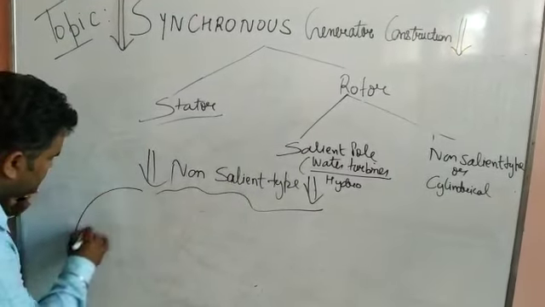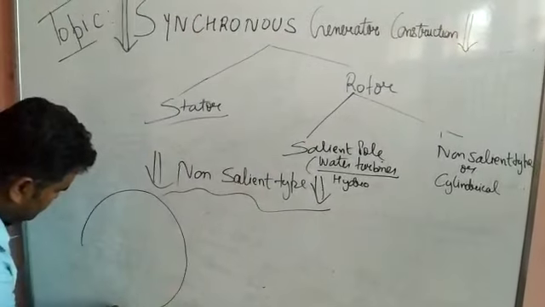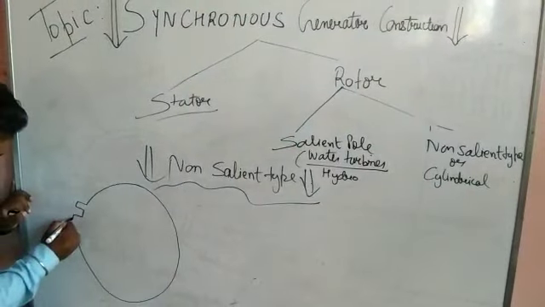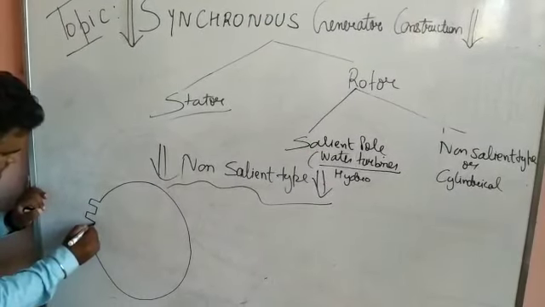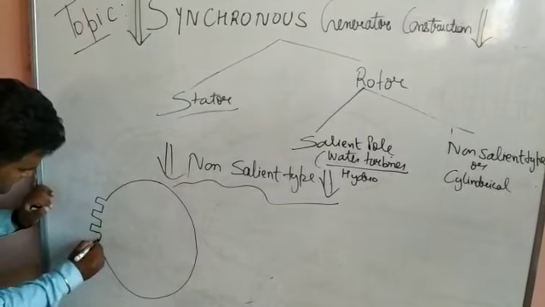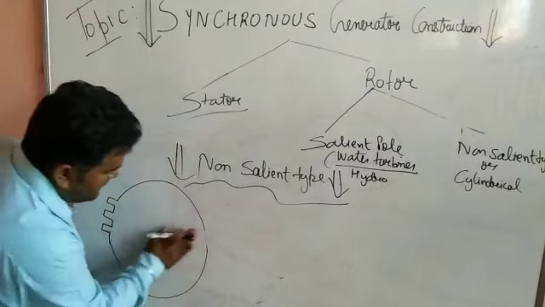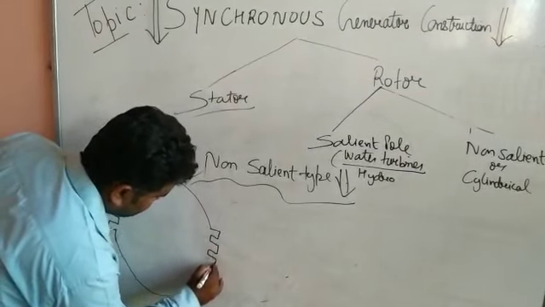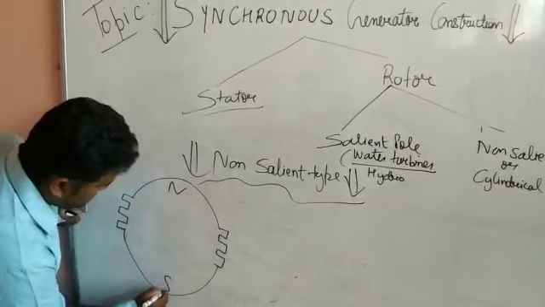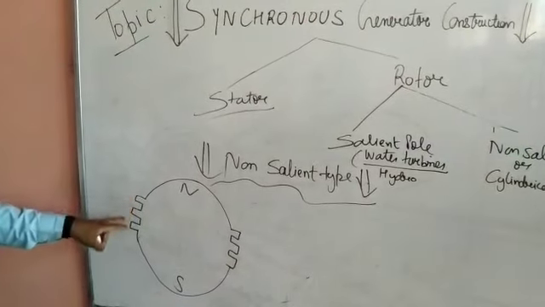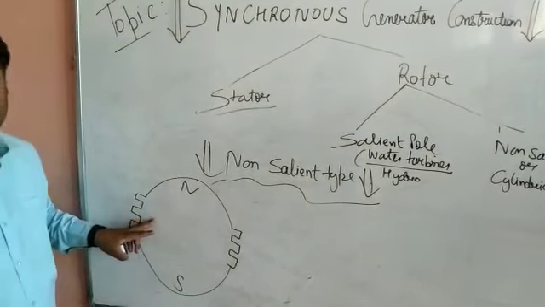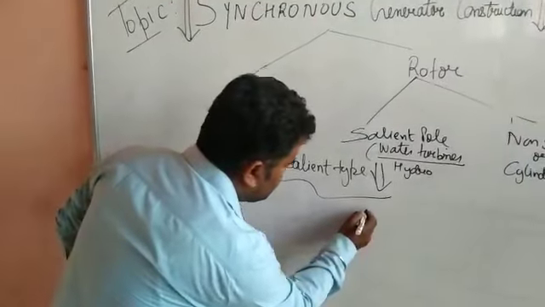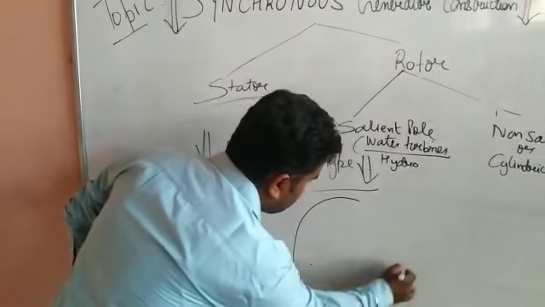Number one, now this is the first type. This is north pole, this is south pole. And in this case the winding is distributed. It is having two poles. The second diagram is of 4-pole winding.